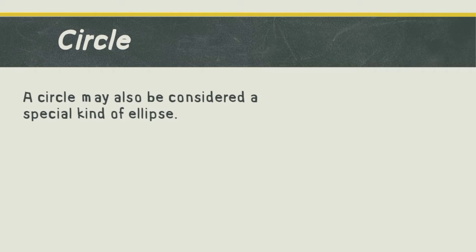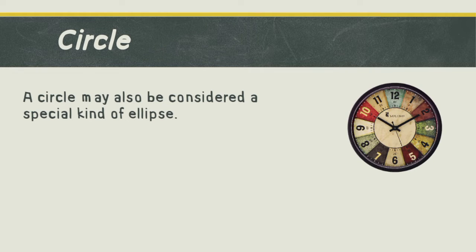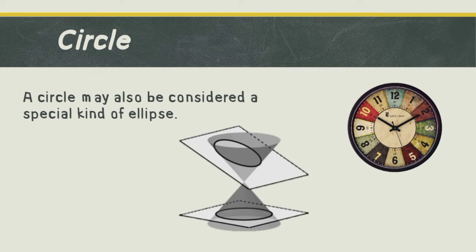First conic section is circle. A circle may also be considered a special kind of ellipse. Example, the clock. And then, this one represents a circle. This drawing of the bus, it is a circle.